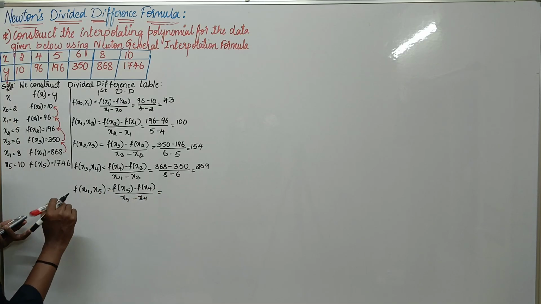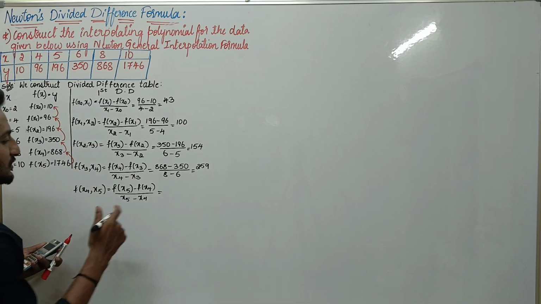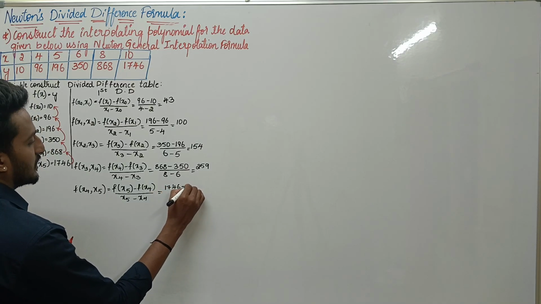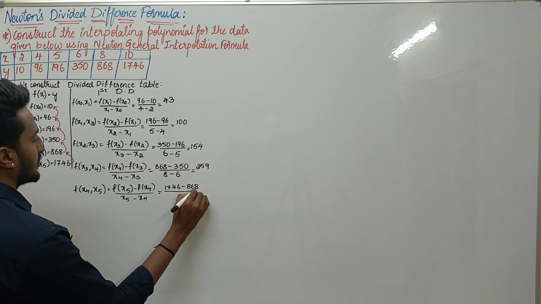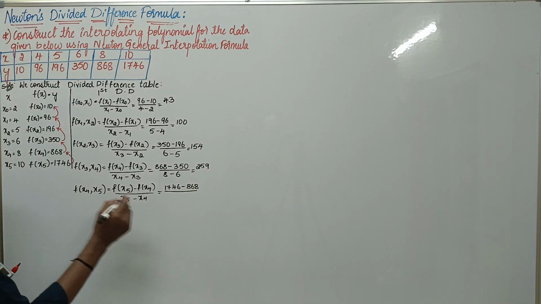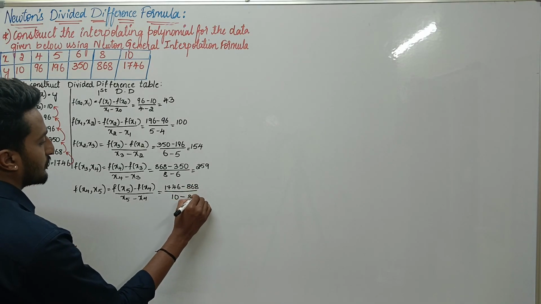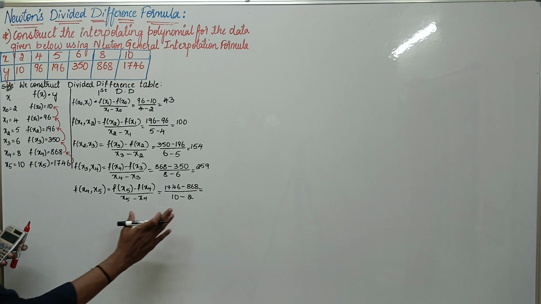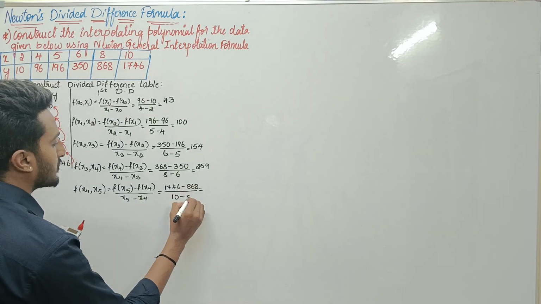What is f of x5? That is 1746 minus 868 whole divided by x5 minus x4, which is 10 minus 8, not 2, 10 minus 8.